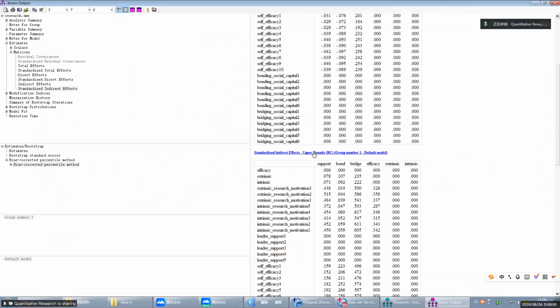So now I show you the criteria for evaluating mediation. Please remember this.